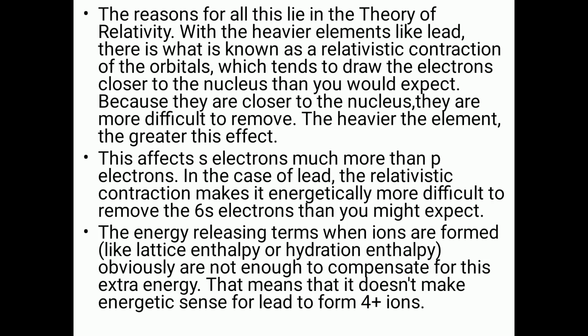This affects s electrons much more than p electrons. In the case of lead, the relativistic contraction makes it energetically more difficult to remove the 6s electrons than you might expect. The energy-releasing terms when ions are formed obviously are not enough to compensate for this extra energy. That means that it does not make energetic sense for lead to form a 4 plus ion.